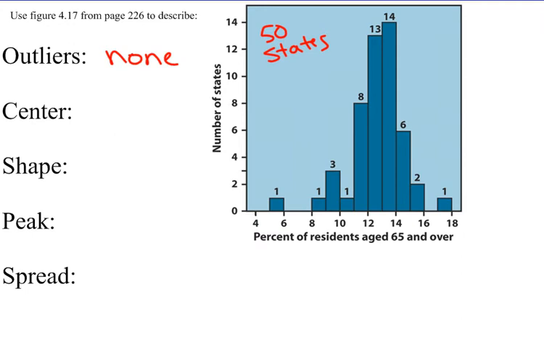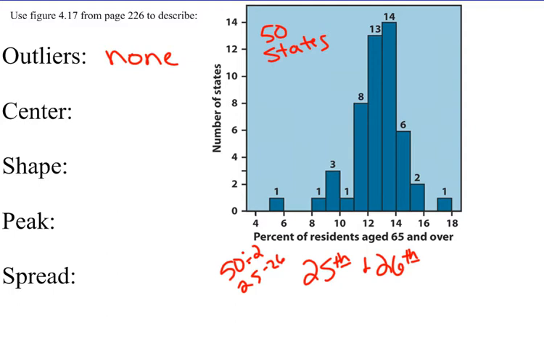My center then, if there's 50 states, my center is going to happen between the 25th and 26th state, right? Because 50 divided by 2 is 25, but there's 25 below and 25 above, so it's between these two. Anytime you have an even number, you're going to have two that are your center.